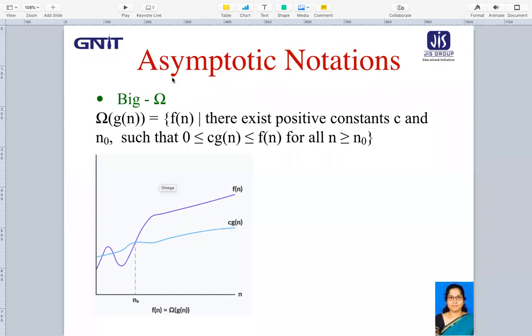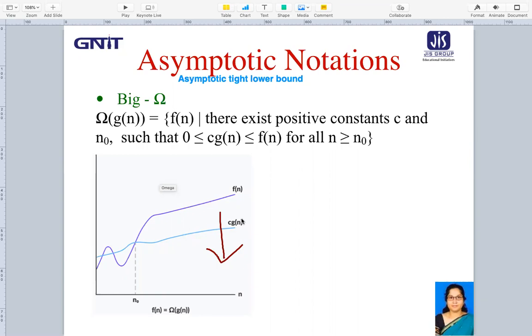So, in this case, we can talk of big omega as asymptotic tight lower bound. That means that Fn can never go below Cgn. Whatever the value, it will always be above Cgn.